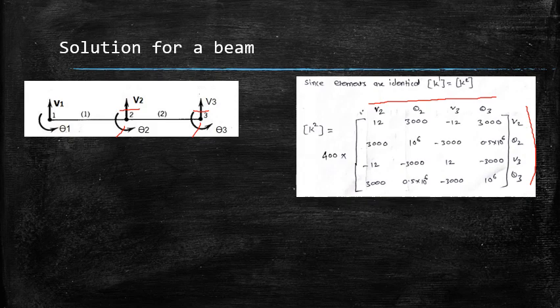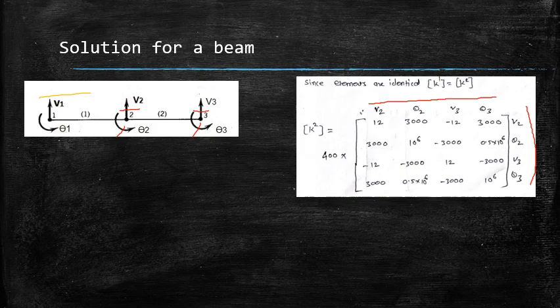Again, keep in mind that the sign conventions adopted while using finite element analysis are also shown here. You can see it from here. Vertical direction for V is taken as positive, and anti-clockwise rotation of theta is taken as positive.